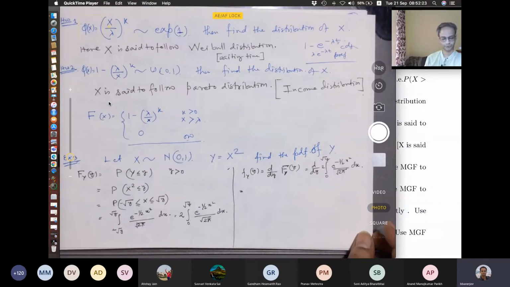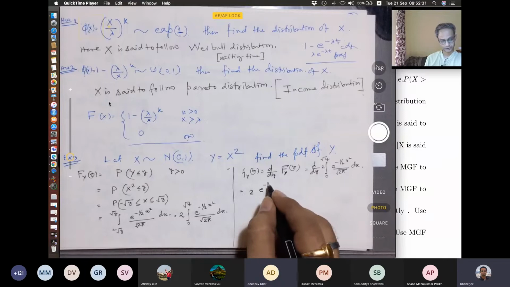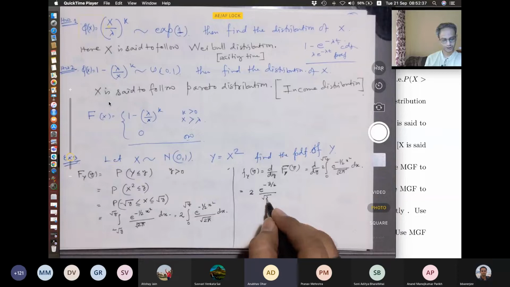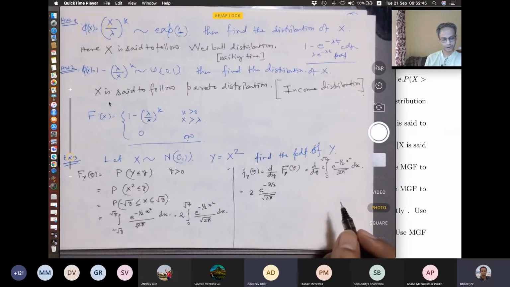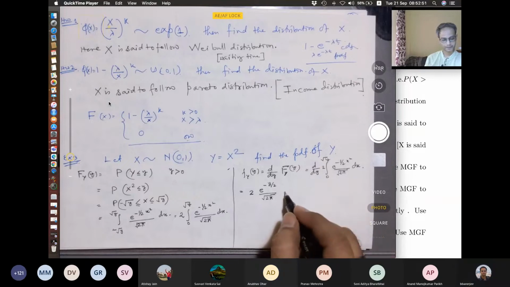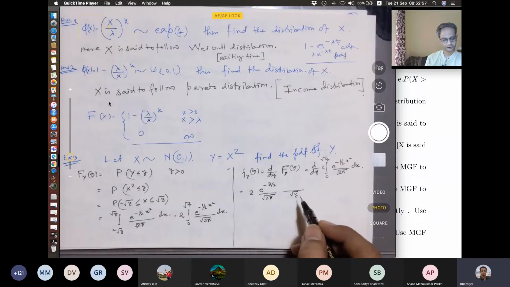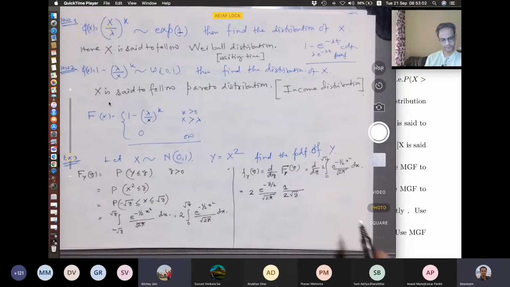Finally, 2 will be there. Then 2 e to the power minus y by 2 divided by root 2 pi, times 1 by 2 root y. You have to take the derivative, right, of this quantity. Yes, sir. Root y, and half will also come, right? Yes, sir, 1 by 2 will also come.